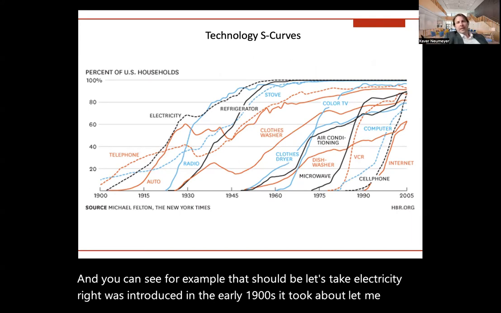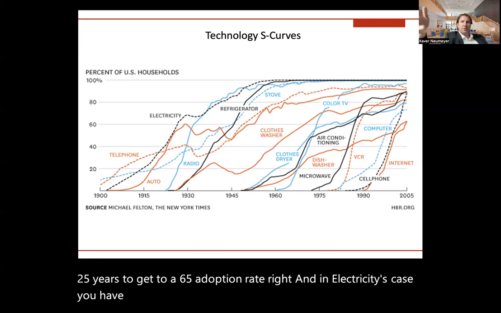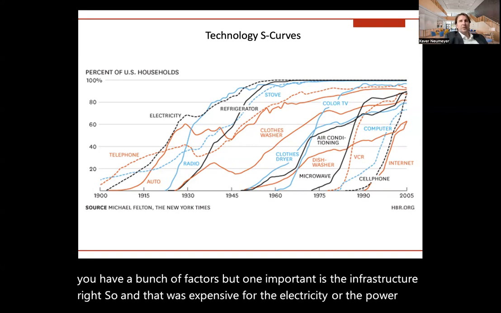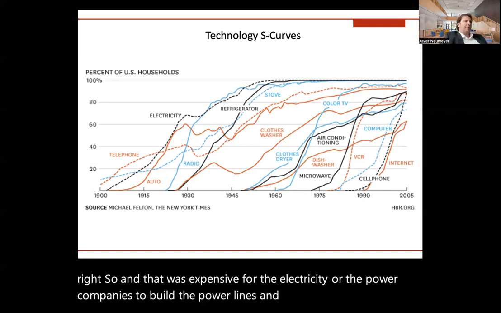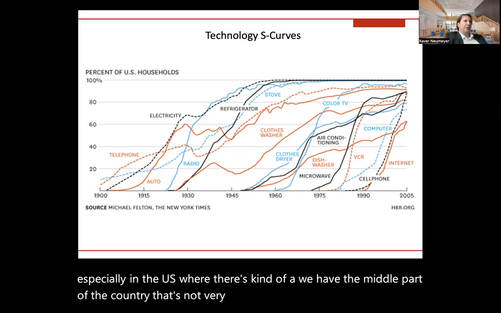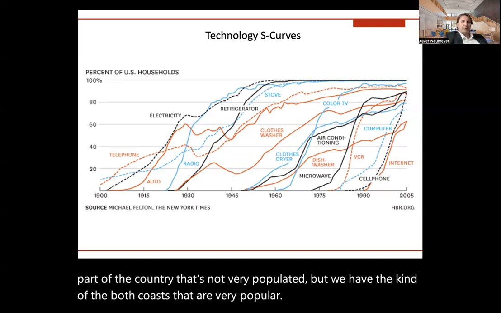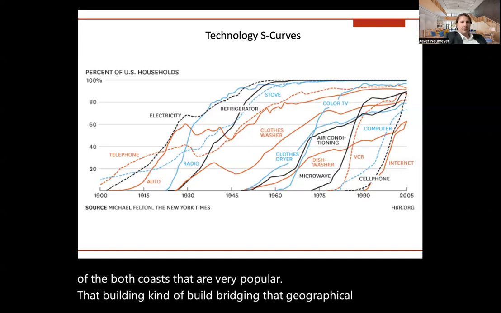In electricity's case, you have a bunch of factors, but one important one is the infrastructure. It was expensive for the power companies to build the power lines and get all this done, especially in the US, where the middle part of the country is not very populated, but both coasts are very populated. Bridging that geographical distance took quite a while.